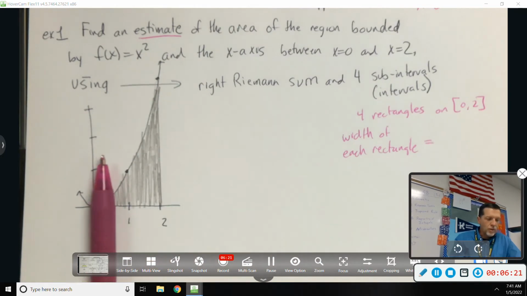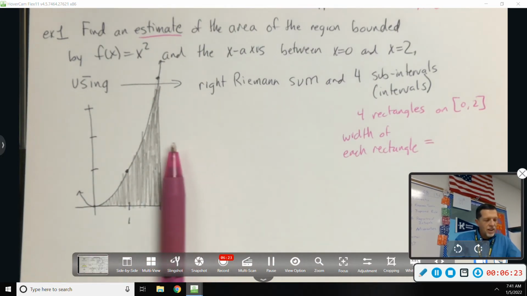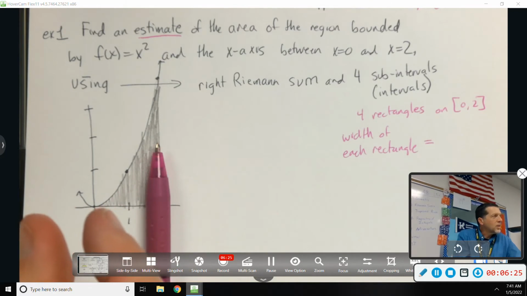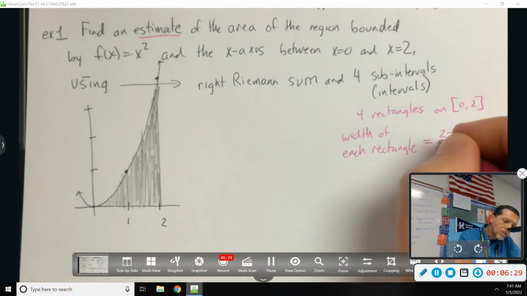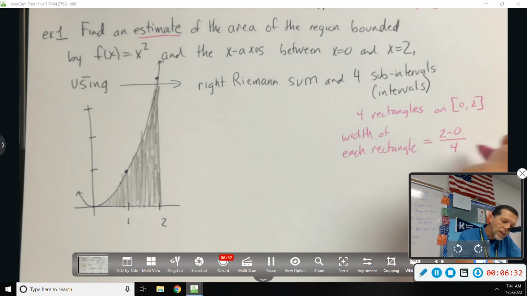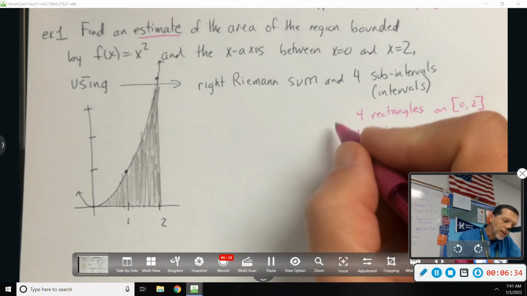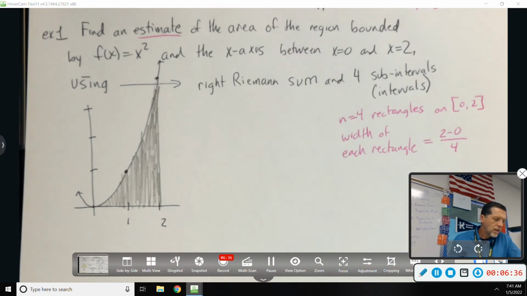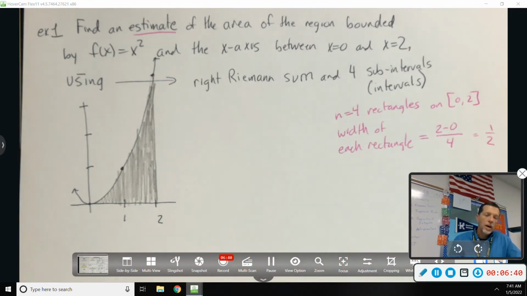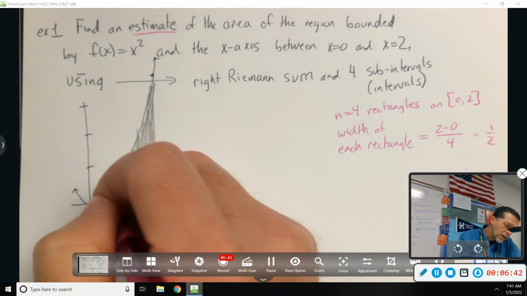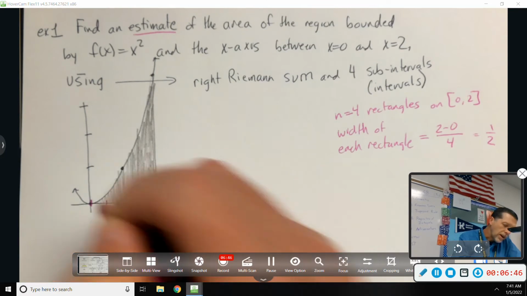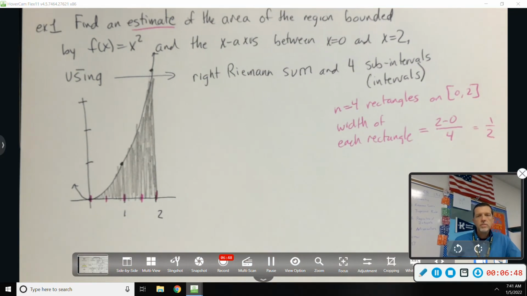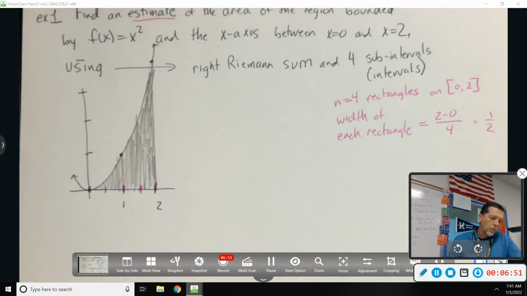So if I want to put 4 of them in there, how wide is each one going to be? 1/2, because the total width is 2 and n is 4, the number of rectangles. So my width of each rectangle is going to be 1/2, and that'll put 4 rectangles in there, each with a width of 1/2.